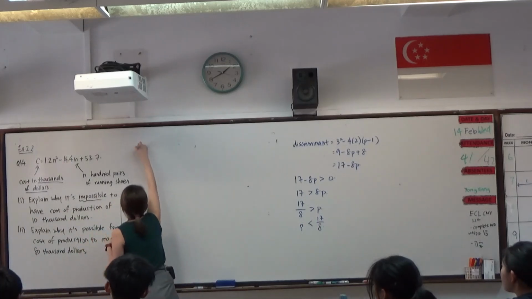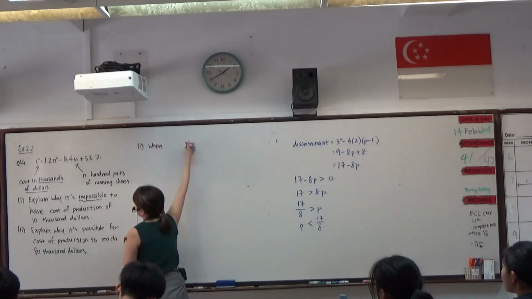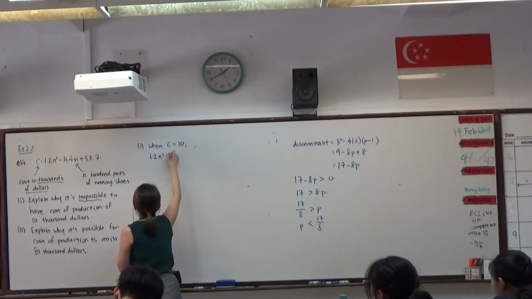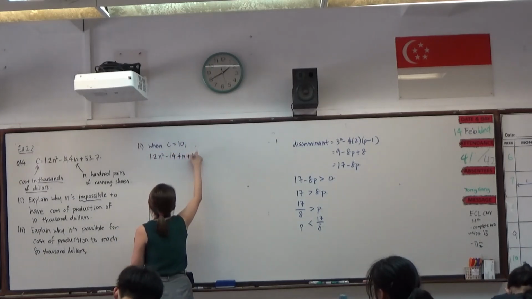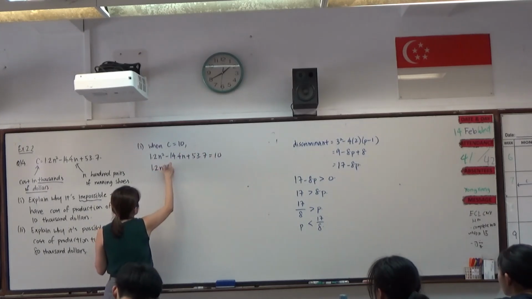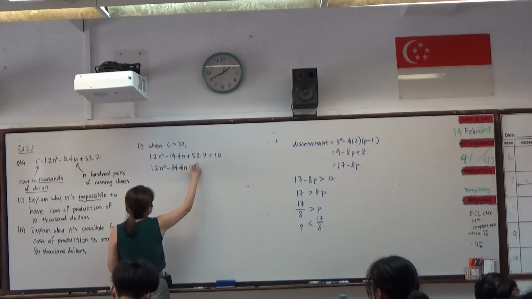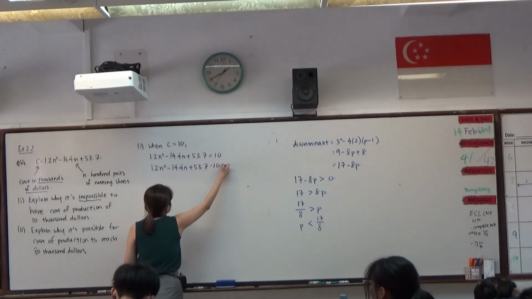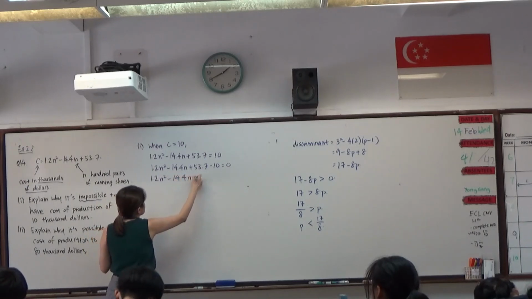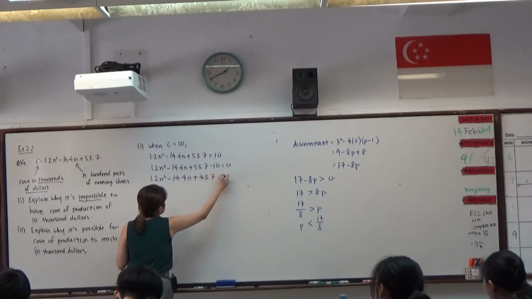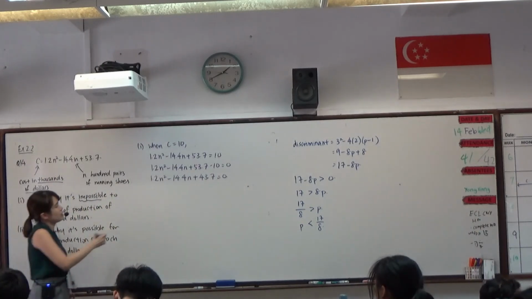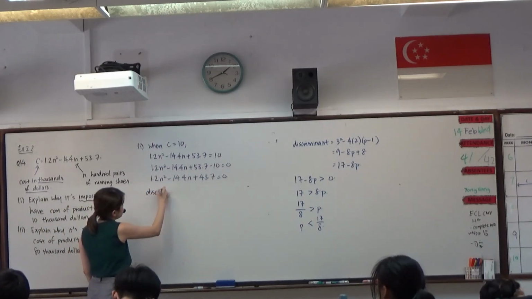So, in part I, when C is equals to 10, we get a quadratic equation such that we need to determine the discriminant.